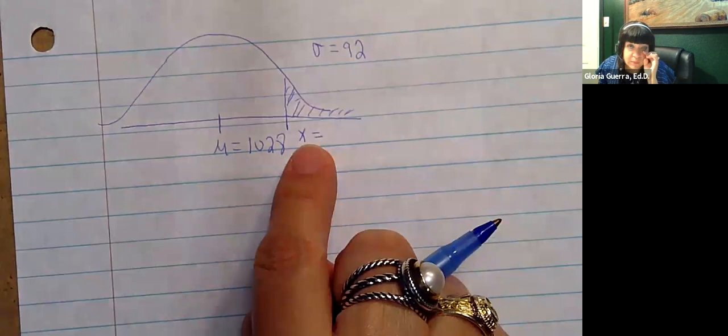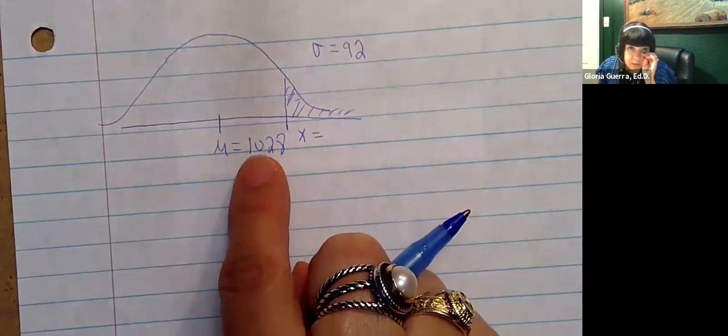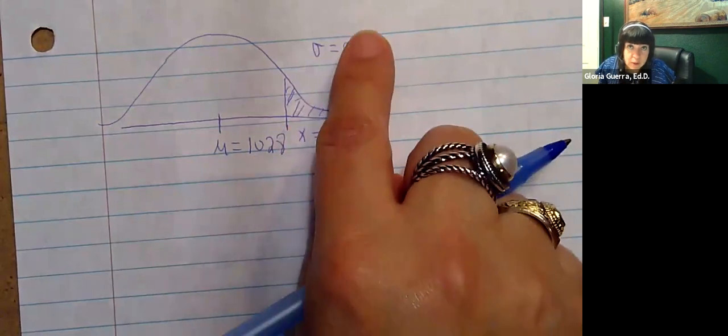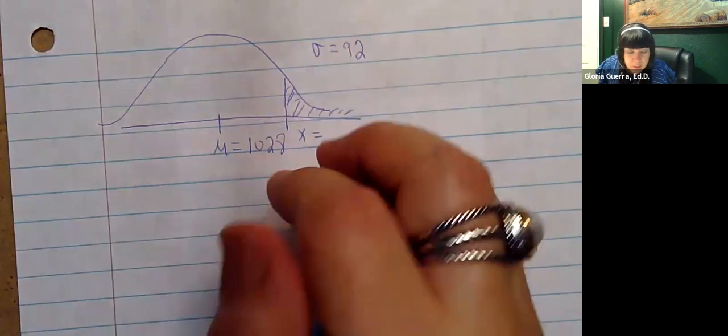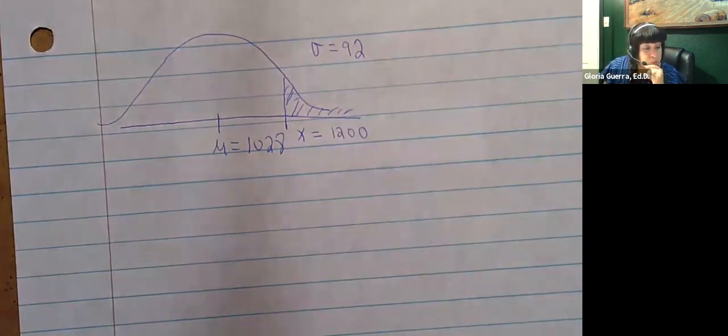This is an X because this is not 0, and this is not 1. And it's 1200 because it says, what is the probability that a randomly selected score exceeds 1200?